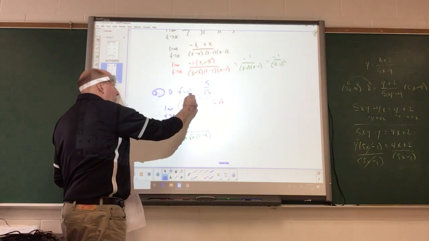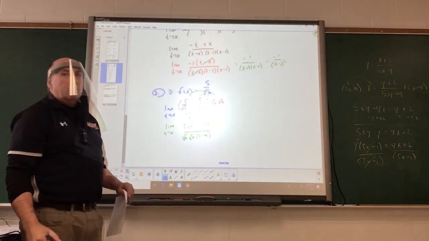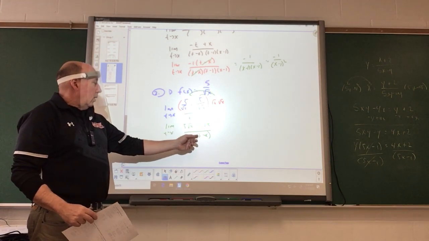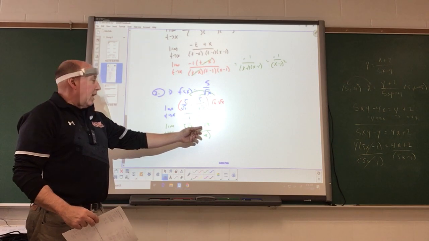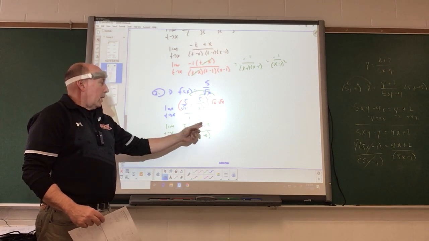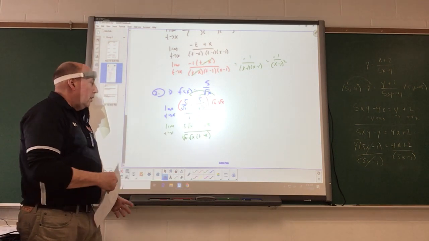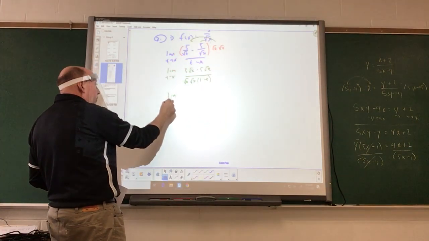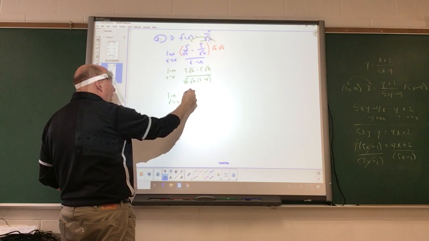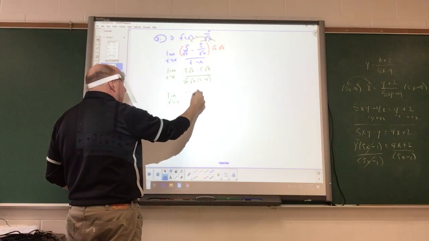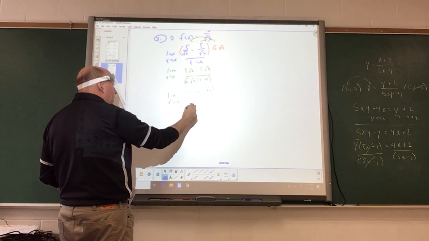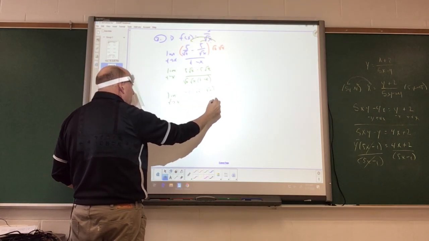Once again, just distributing over both your terms. I'm going to factor out a negative 5 here just to turn these two variables around. So we have a limit as t is approaching x, negative 5 square root of t minus square root of x, over square root of t square root of x.